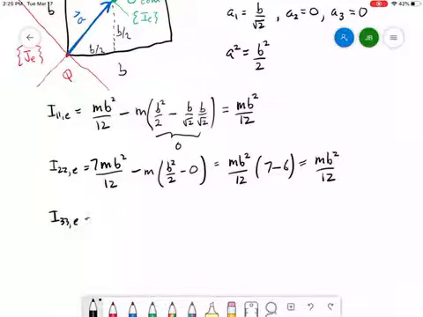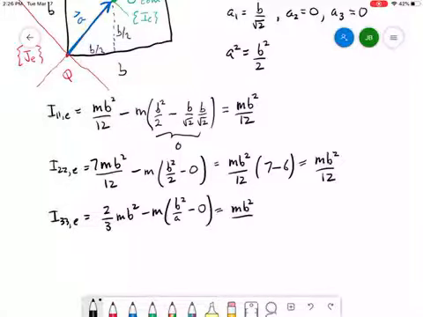I33. So that one was 2/3, right? So that was 2/3 mb squared minus m. We have an a squared minus an a3 times a3, but a3 is 0. So what do we have? mb squared, let's put it over 6.